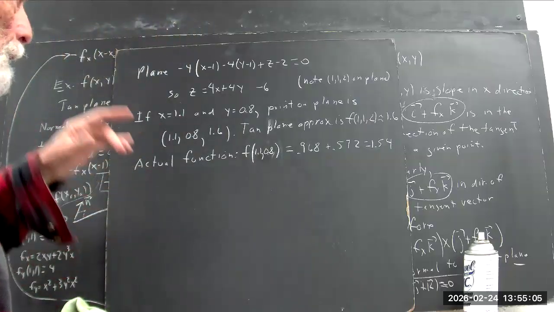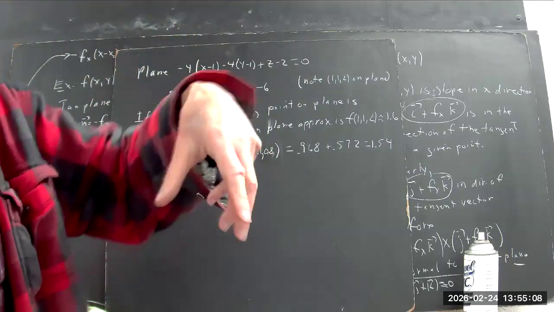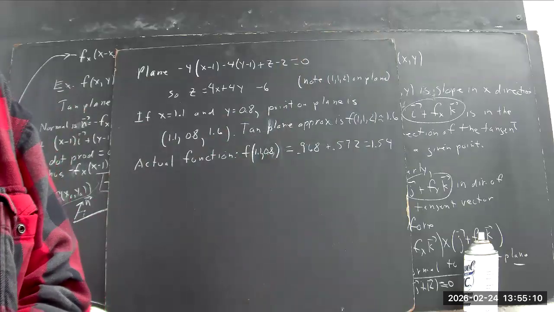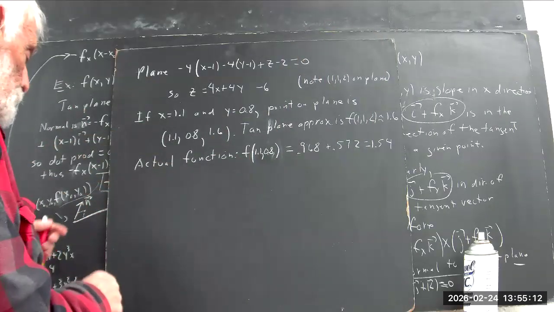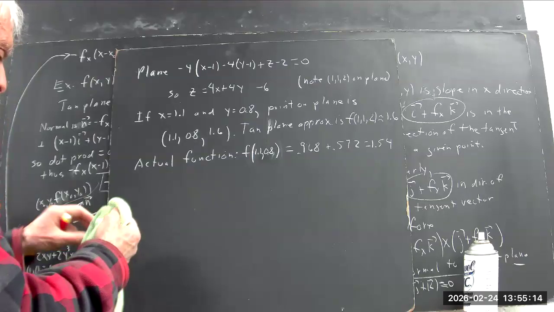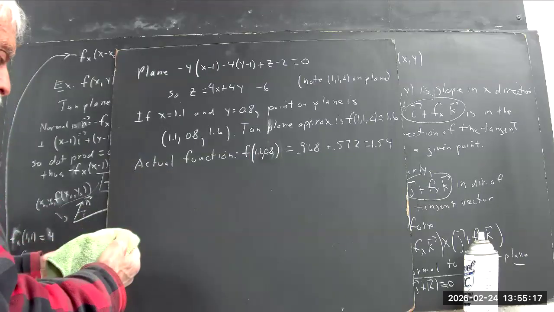You can't even do the function f at 1, 1, 2. 1, 1, 2 is a point on this graph, okay? So just kind of ignorant to write that down. Can you read that? Let me rewrite it one more time.